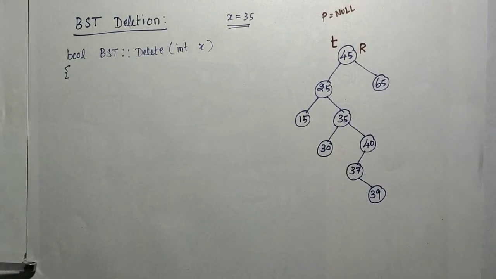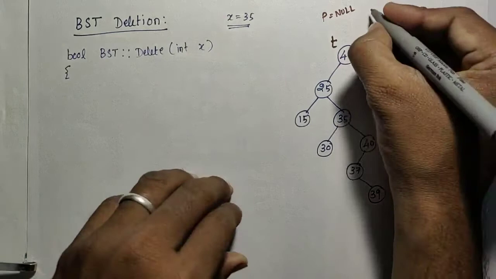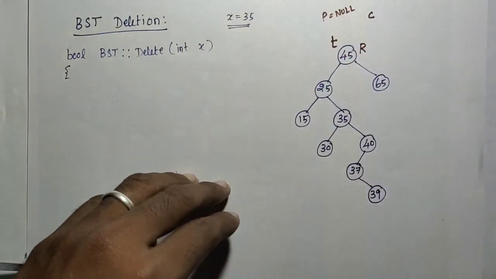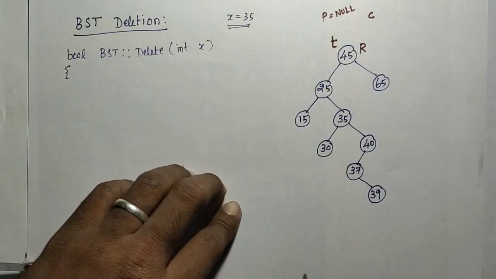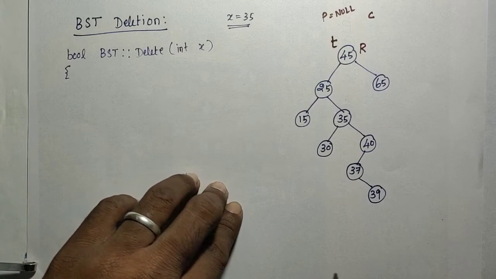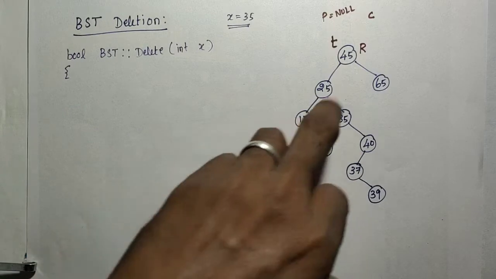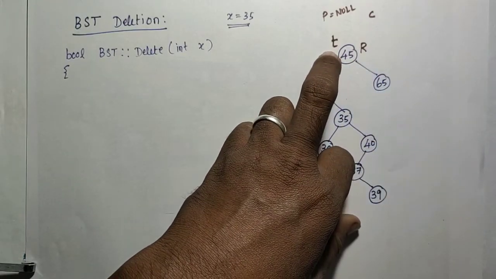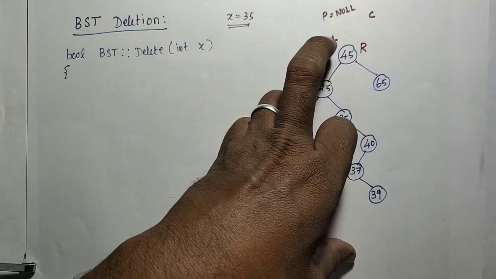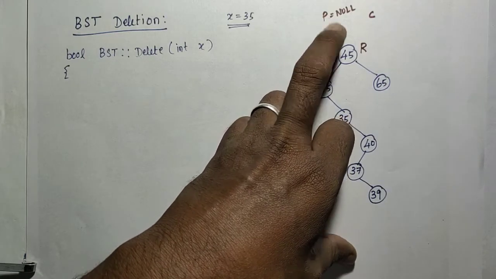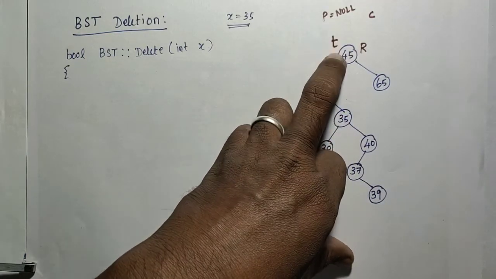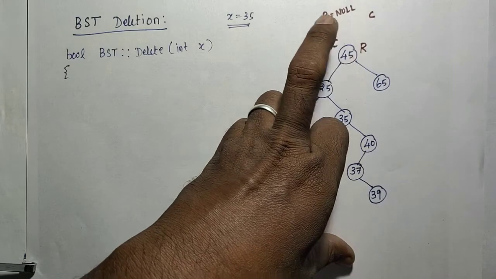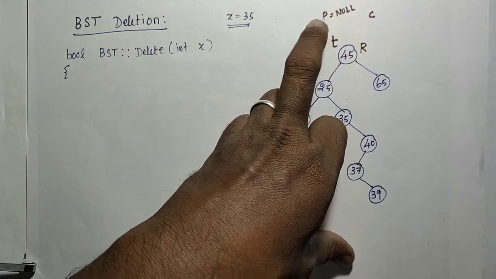Now I am going to introduce another variable c which is an integer which is going to store either 1 or 2. What is the purpose of c? I need to tell whether t is a left child of the p or a right child of the p.